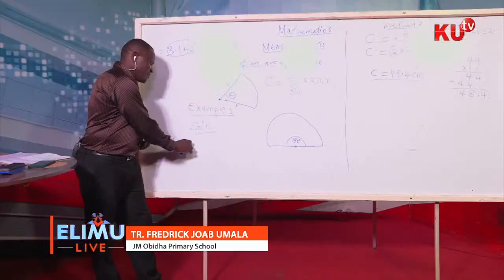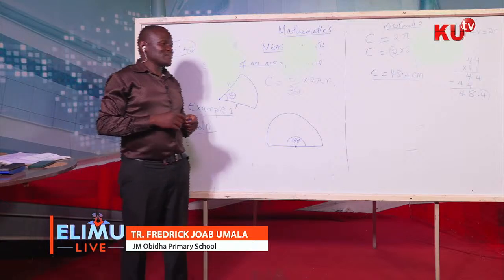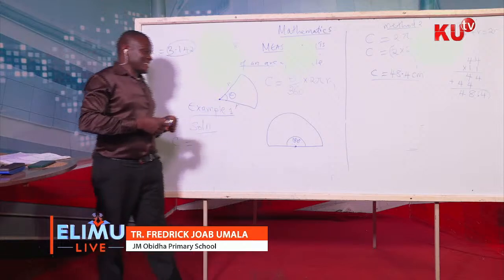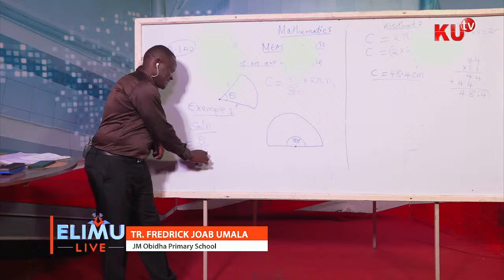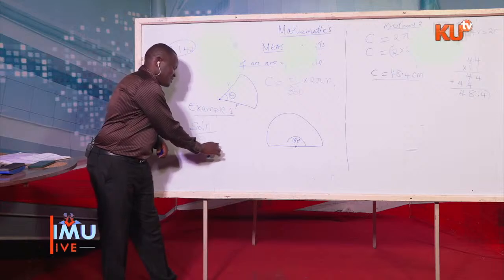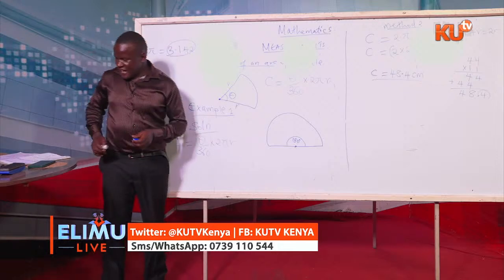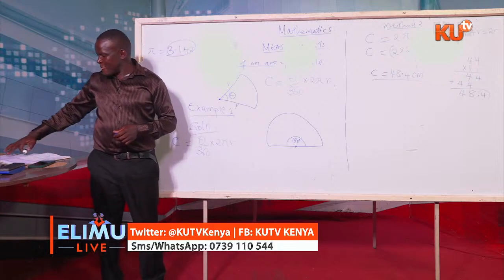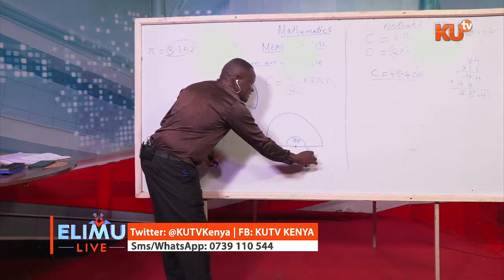So our formula for finding the length of an arc whenever you are given one is theta over 360 times 2 pi r. And we were given the radius to be 7 centimeters.